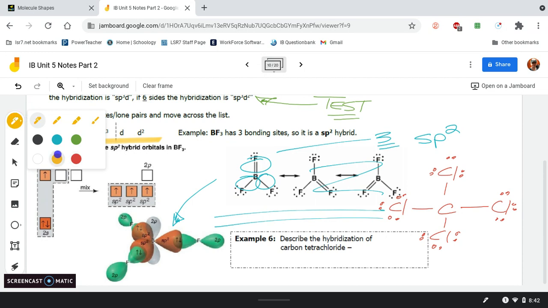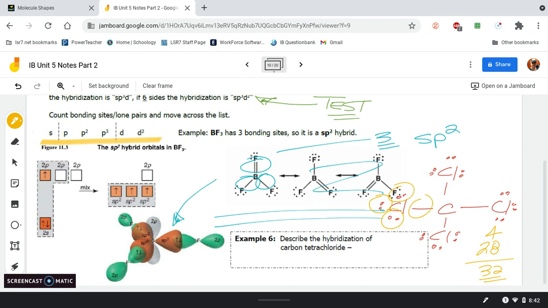What's the target number on carbon? It's 4. What's the target number on chlorine? I say valence number on carbon is 4. Valence number on chlorine is 7. So there's 4 of them. So that's 28 for the chlorines. 32. There's our target number. What do I got here? 2, 4, 6, 8, 10, 12, 14, 16, 18, 20, 22, 24, 26, 28, 30, and 32. So I have 32, so it's done.